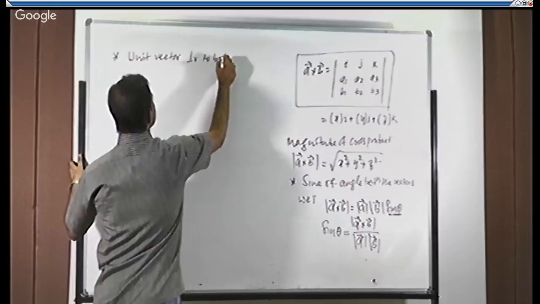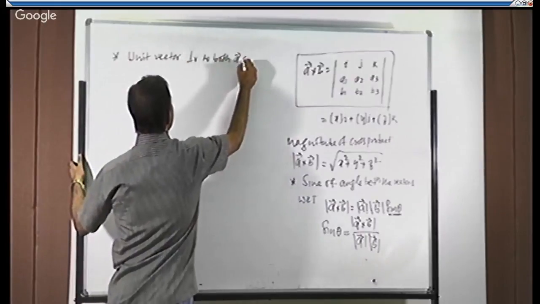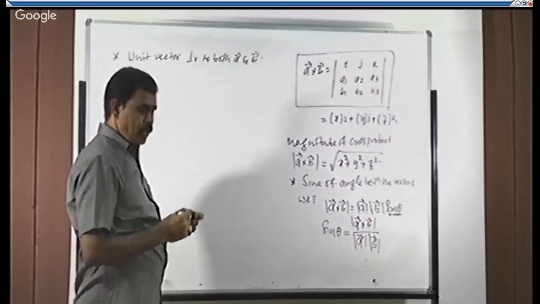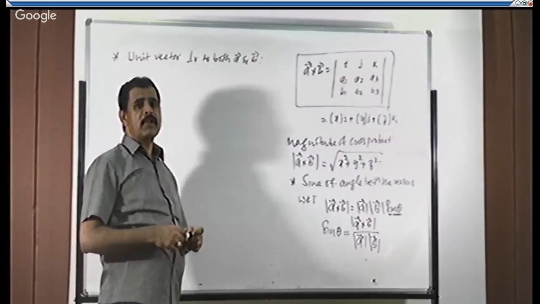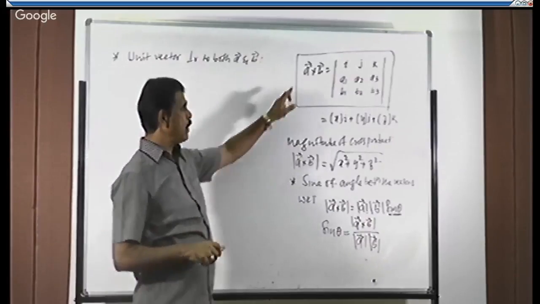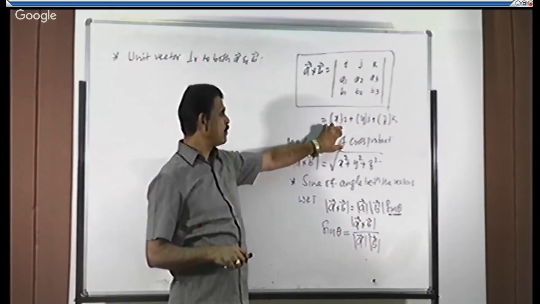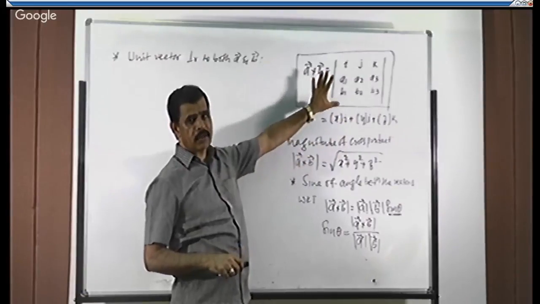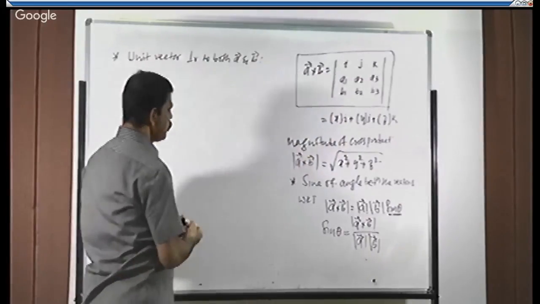As I mentioned earlier, whatever vector we get after multiplying A and B, that is, A cross B is a vector which is always perpendicular to both vector A and vector B. That we need to find out.